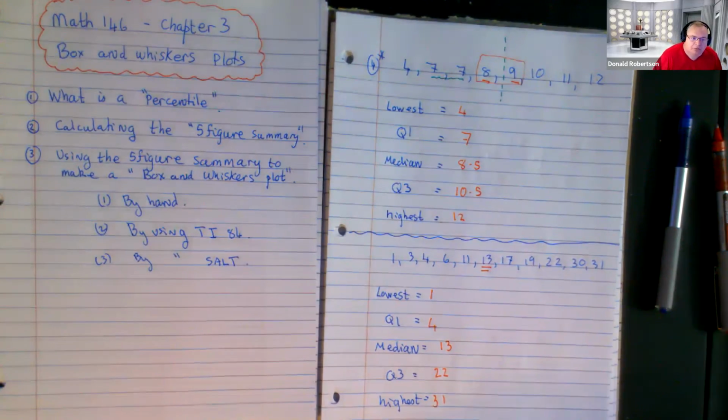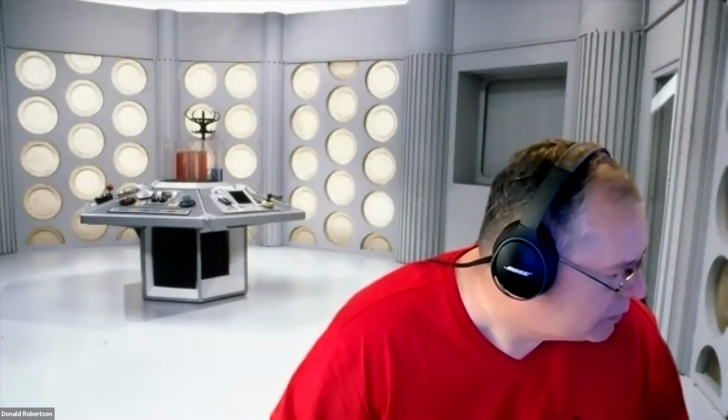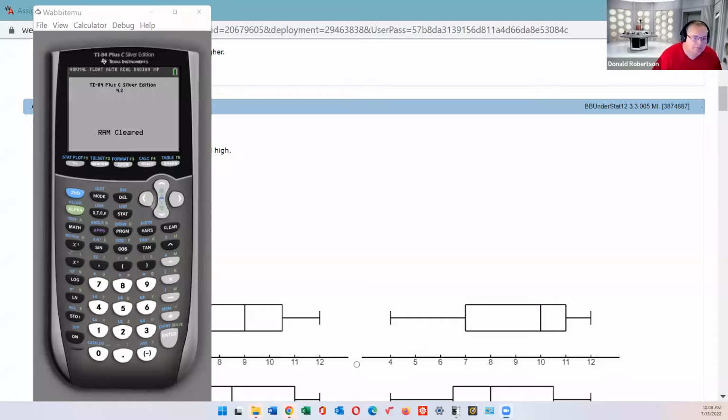So I'm going to use my TI-84 emulator because I like that guy. So I'm going to have to make sure he's up and running. There he is. And now I can switch to him. No, let's try it again. There we go.